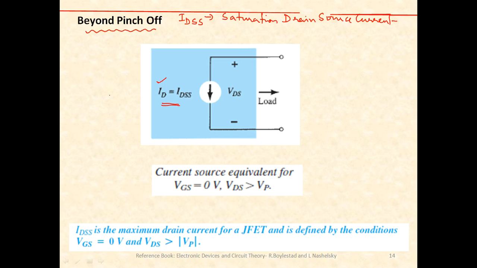If I want to represent it in terms of characteristics, this is the linear region and this is the saturation part. Here I'll have pinch off VP. In this region the device behaves as if it is a constant current source. So that is beyond pinch off.